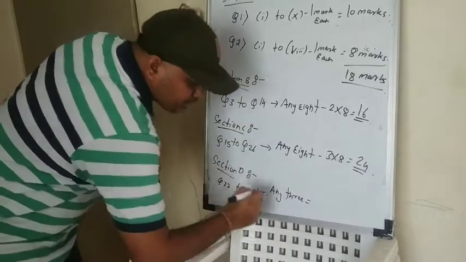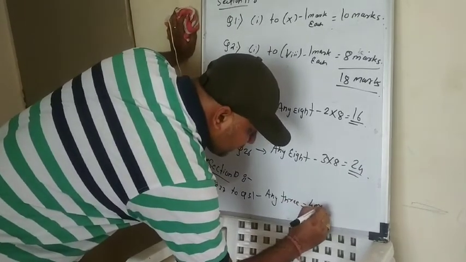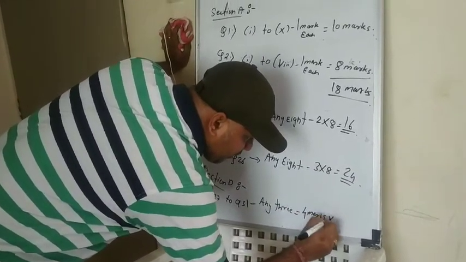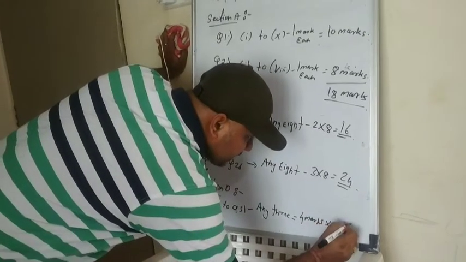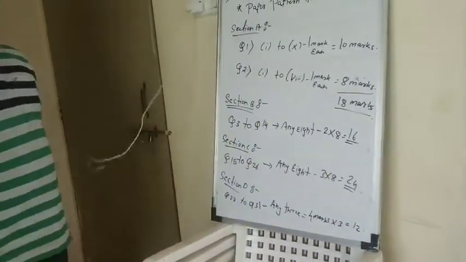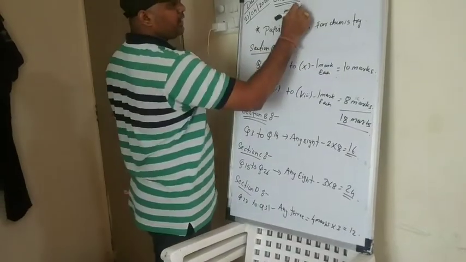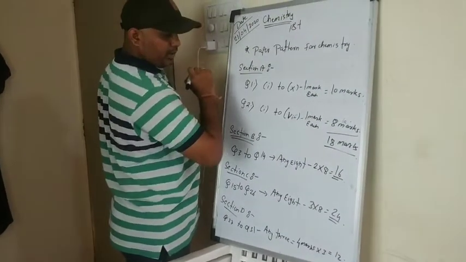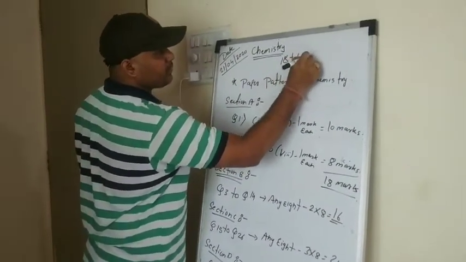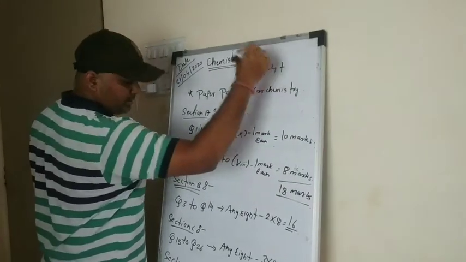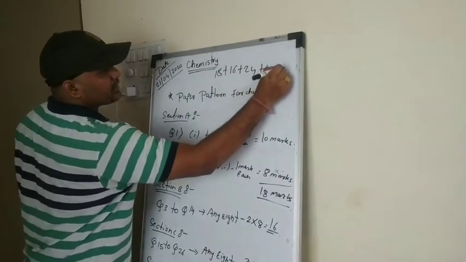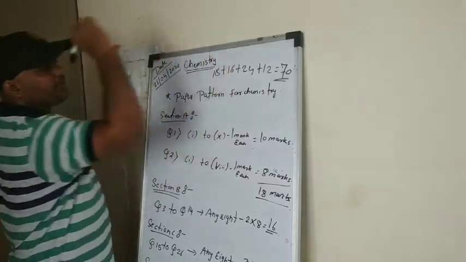That will be equal to 4 marks each. So 4 into 3 is equal to 12 marks. Now when you add this, 18 plus 16 plus 24 plus 12, that is equal to 70 marks.